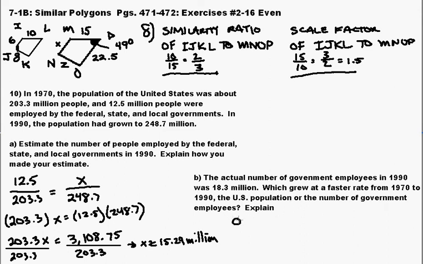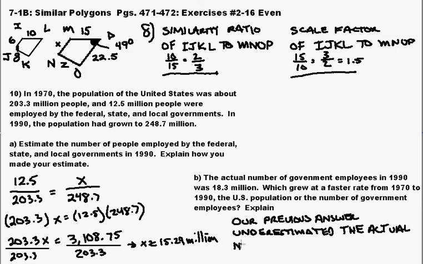So our previous answer underestimated the actual number of government employees by, let's see, 18.3 minus 15.3, by about 3 million.